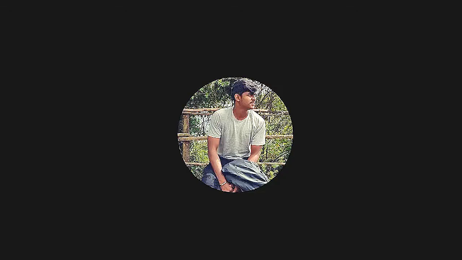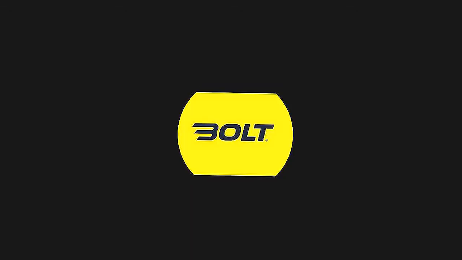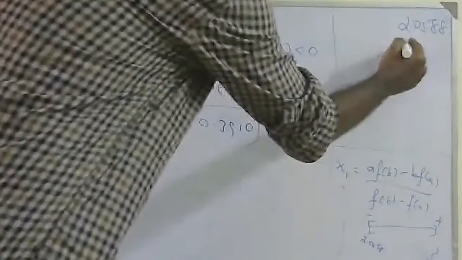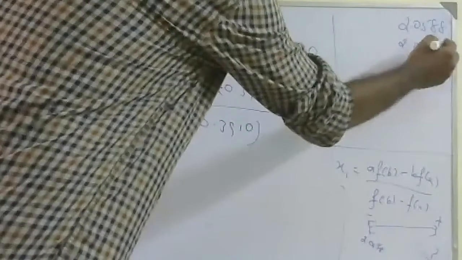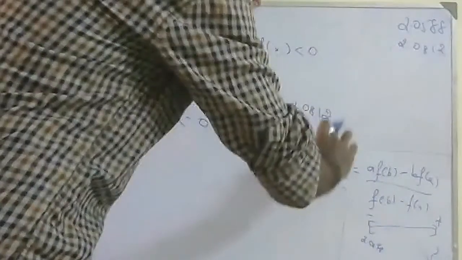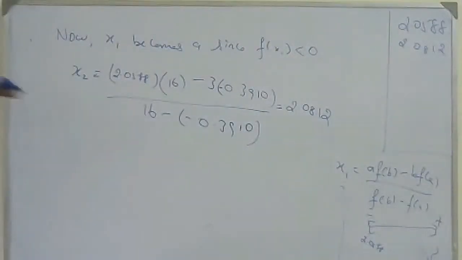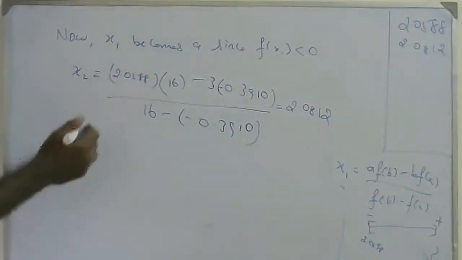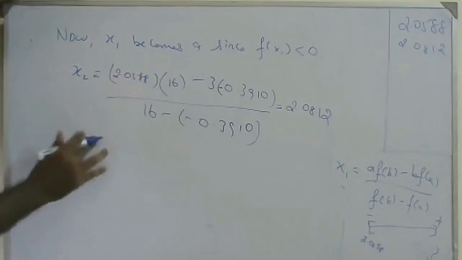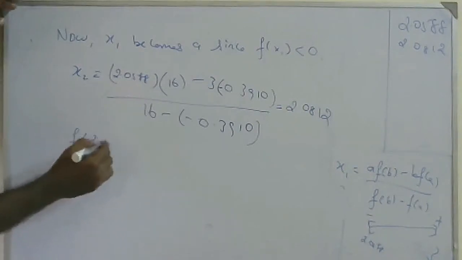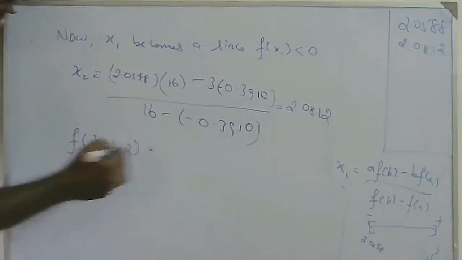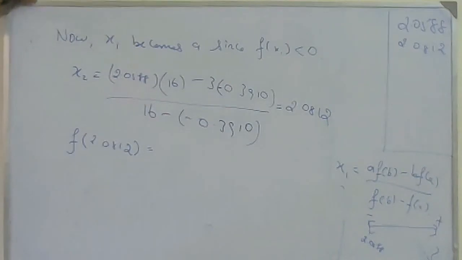Yes? Sir, 2.0812. 2.0812? Yes, sir. Okay, good. Just immediately mark the answer here. Next step is, as soon as you find the value, you find f of 2.0812. Substitute.